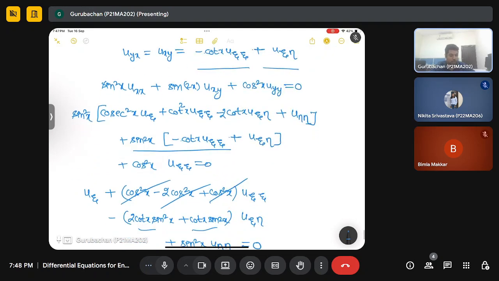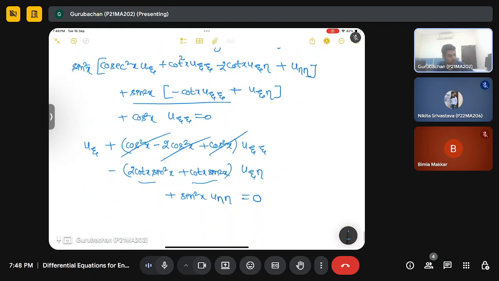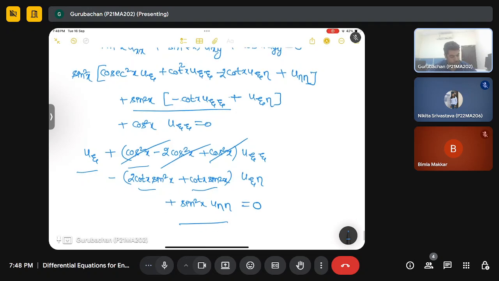Okay, so our original equation was, so this will be u xi. Okay, then this will be okay, and this will be okay. So here I think there is some error. Okay, no. So sine 2x.